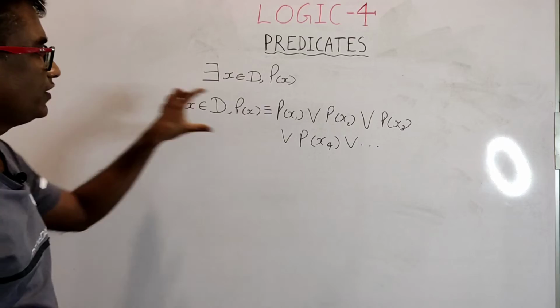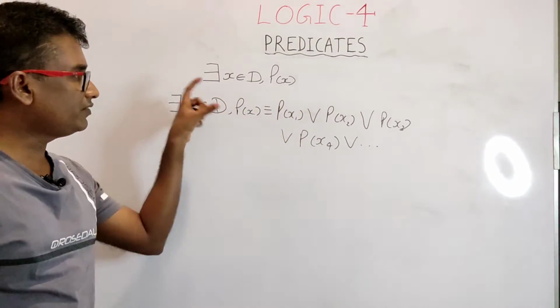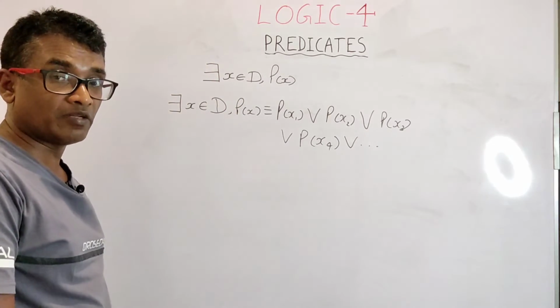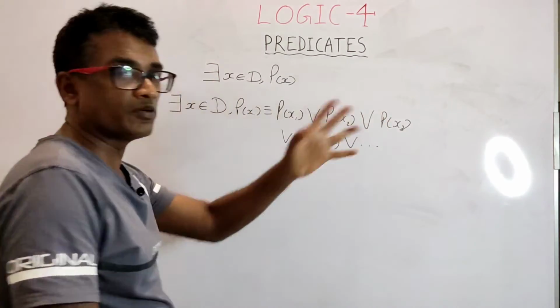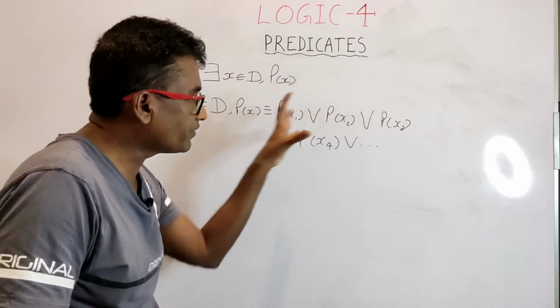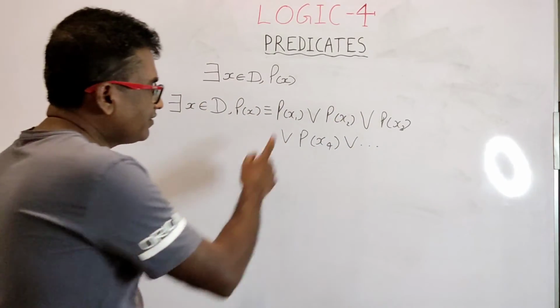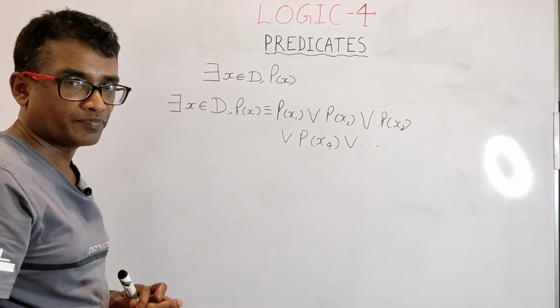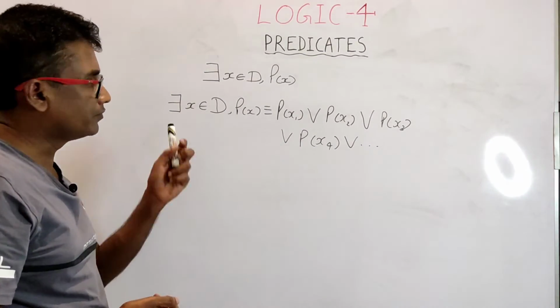This is equivalent to this. In the case of the universal quantifier, all of this has to be true. All elements must have this property. Here, if a single element has this property, that is enough for this statement to be true.